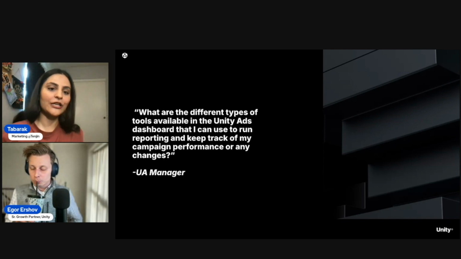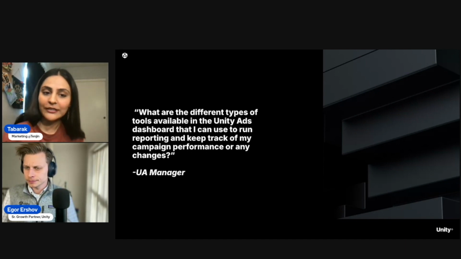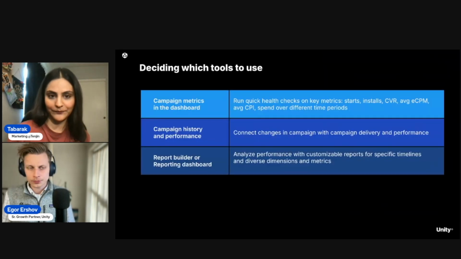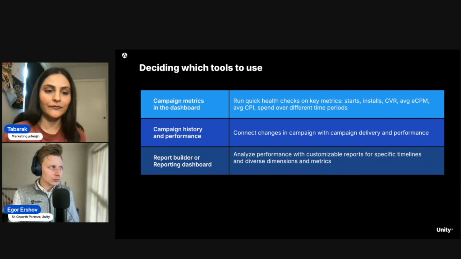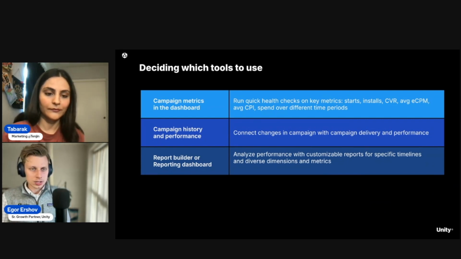From a UA manager's perspective, what are the different types of tools available in the Unity dashboard that I can use to run reporting and keep track of my campaign performance or any changes? We spent some time talking about the indicators, but besides the insight cards and budget alerts, where would you find those indicators? Simply put, there are three ways to find and identify those indicators and insights.